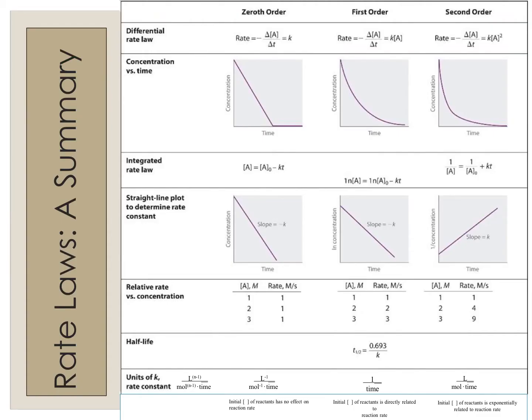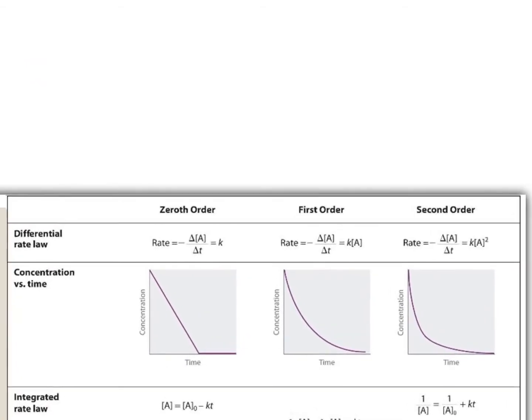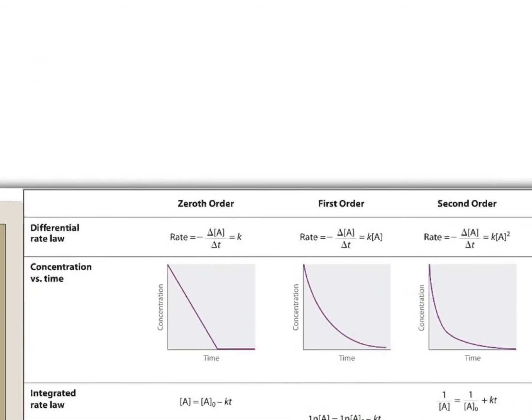Page 4 is crucial. These notes that summarize this entire unit must be completely and thoroughly understood. Let's look at each one to begin with. They're categorized by zero order, first order, and second order. The first thing we're going to look at is the differential rate law.